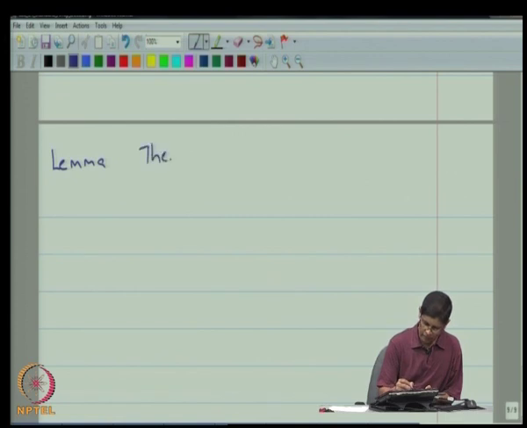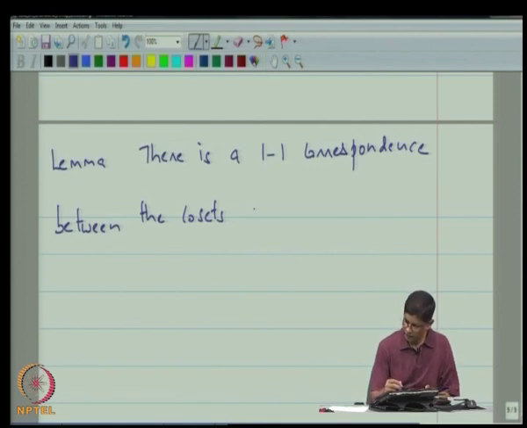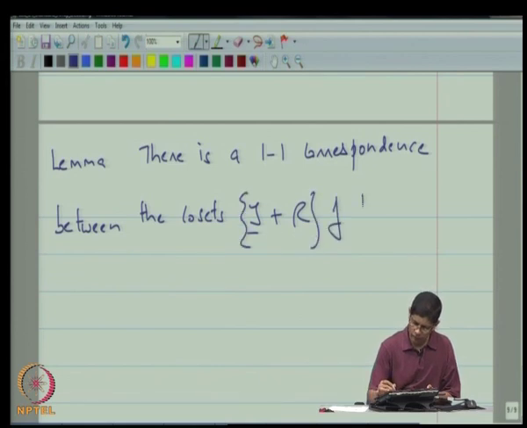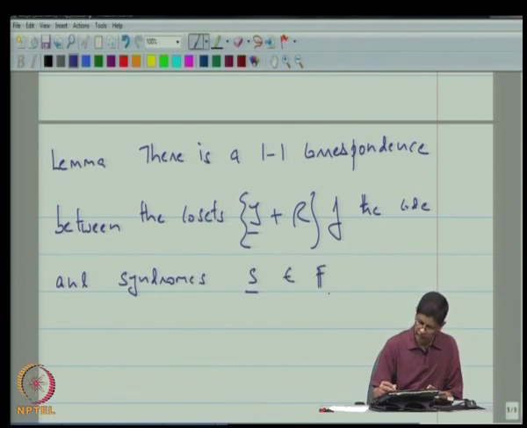There is a one-to-one correspondence between the cosets y plus c of the code and syndromes S which belong to F2 to the n minus k, and I will explain that.